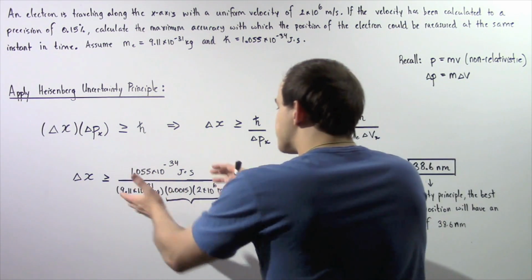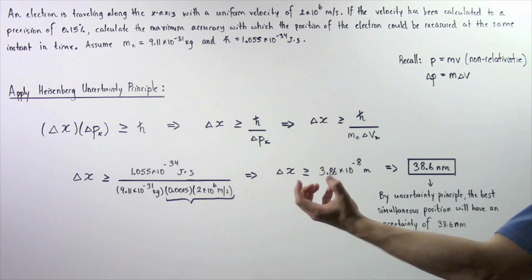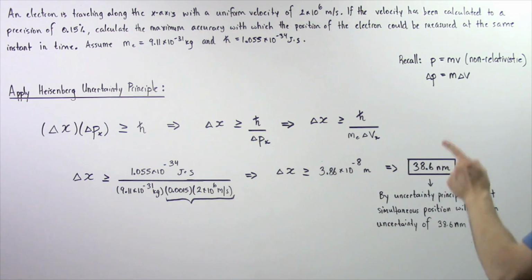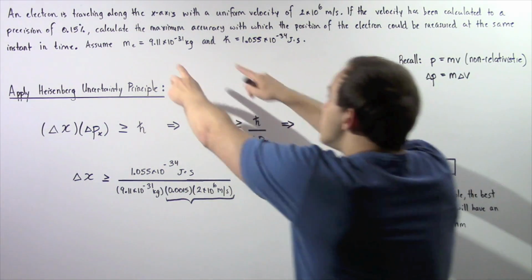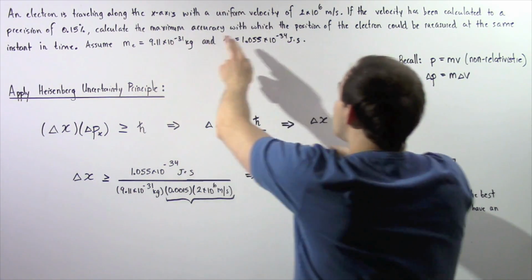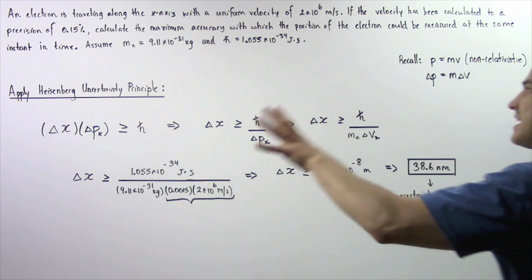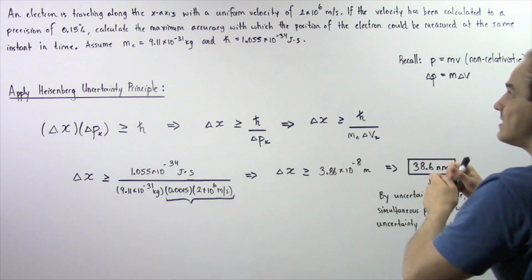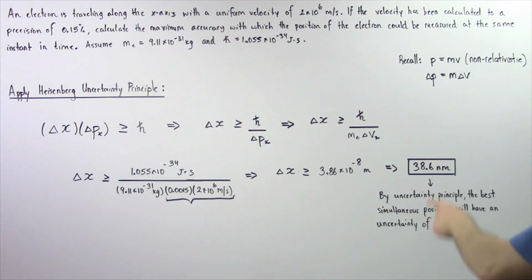So from this calculation, we see that delta x is greater than or equal to 3.86 times 10 to the negative 8 meters. So we see that the answer is the maximum precision with which the position of the electron could be measured at the same exact instant in time for this particular velocity, and this particular precision for that velocity is equal to 38.6 nanometers.